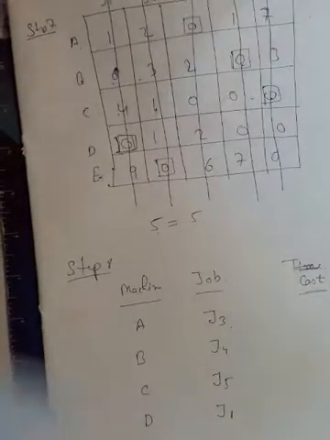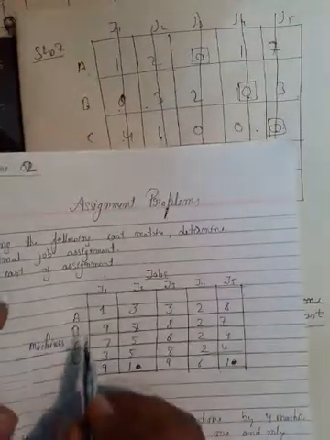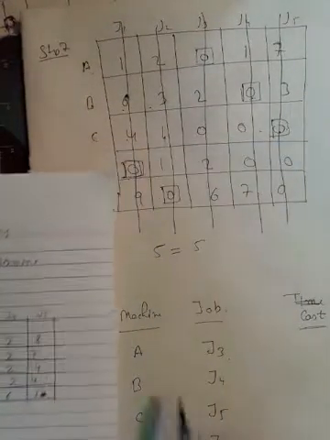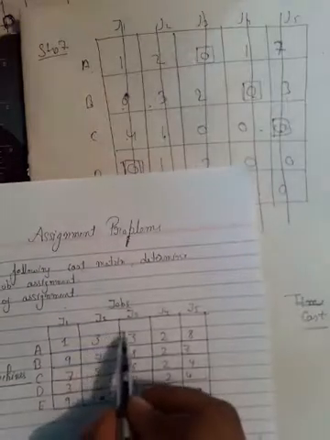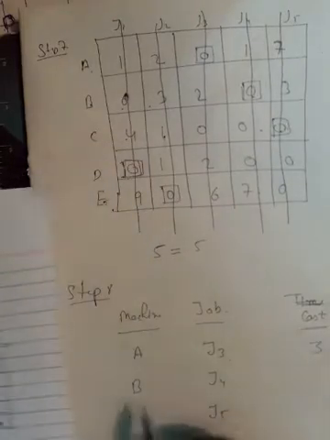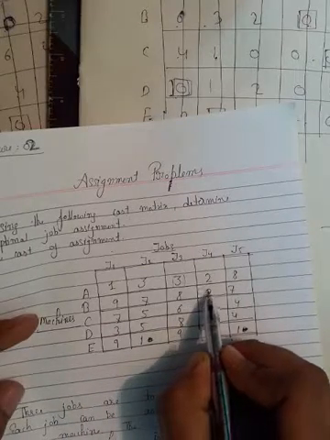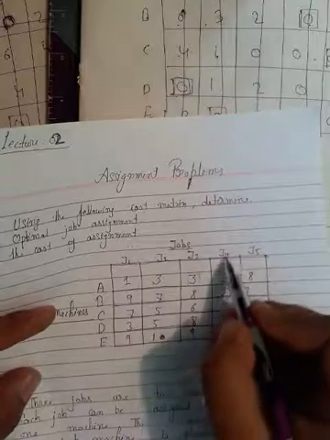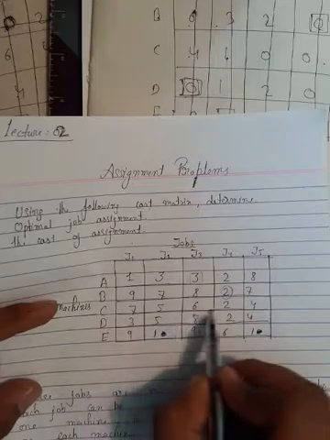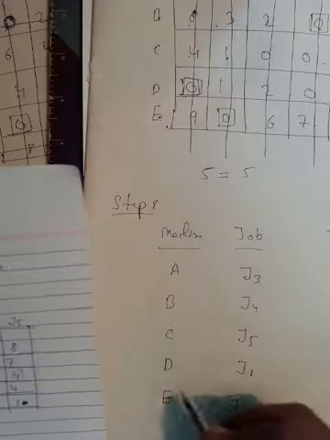Now from the question, for machine A the job is J3, cost is 3, write it here: 3. For B it is J4, here it is 2, so write 2. For C it is J5, so write this value here.